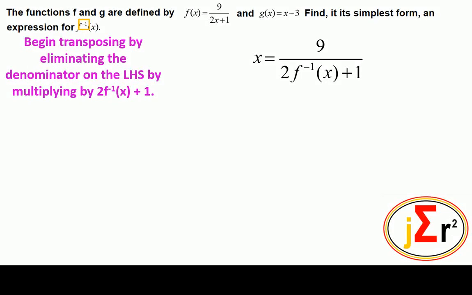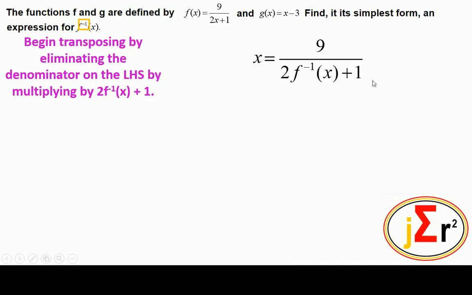What do we do first? Begin transposing by eliminating the denominator by multiplying by 2 f inverse x plus 1. So we will eliminate this denominator that we have here by multiplying by the exact denominator.